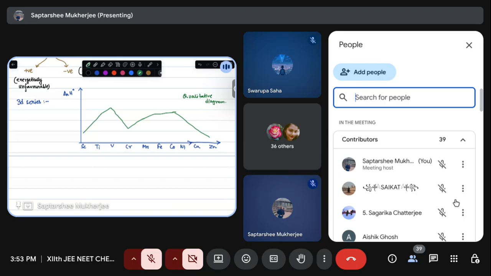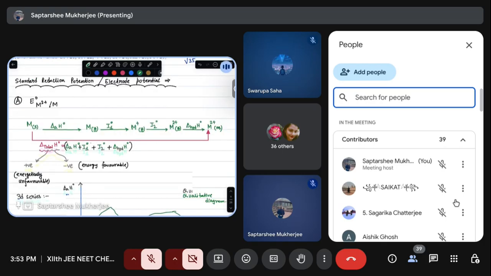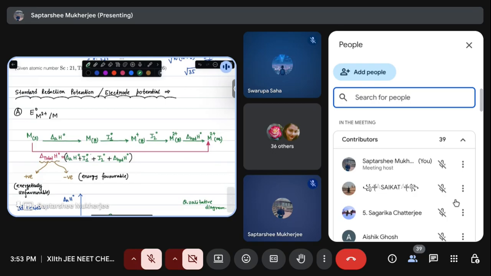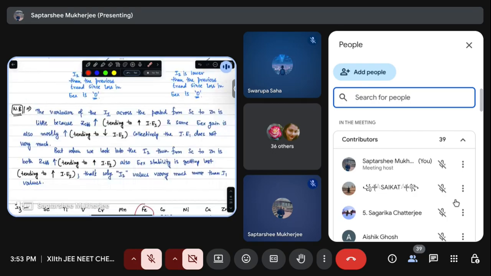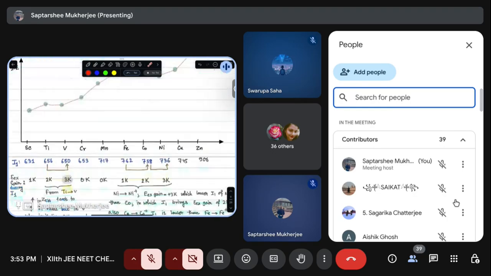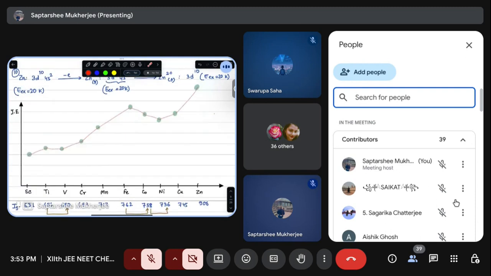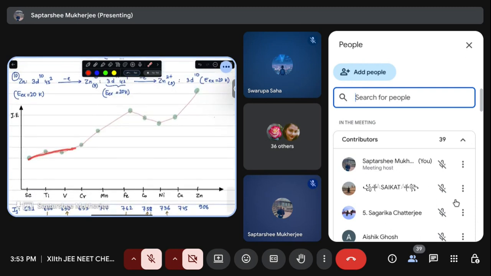If I look at the first ionization enthalpy plus second ionization enthalpy together, then we see that the first ionization enthalpy is very irregular. Sometimes it is increasing, sometimes decreasing. More or less it is increasing and becomes maximum first at iron, then cobalt, nickel it is decreasing, then it again becomes maximum at zinc.